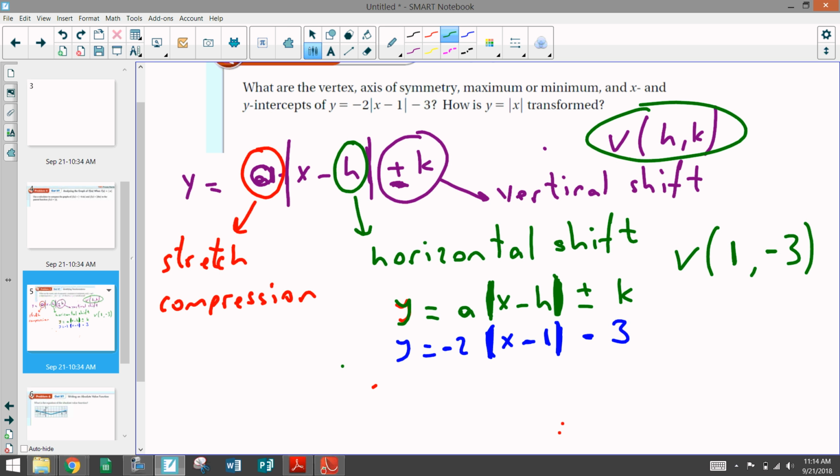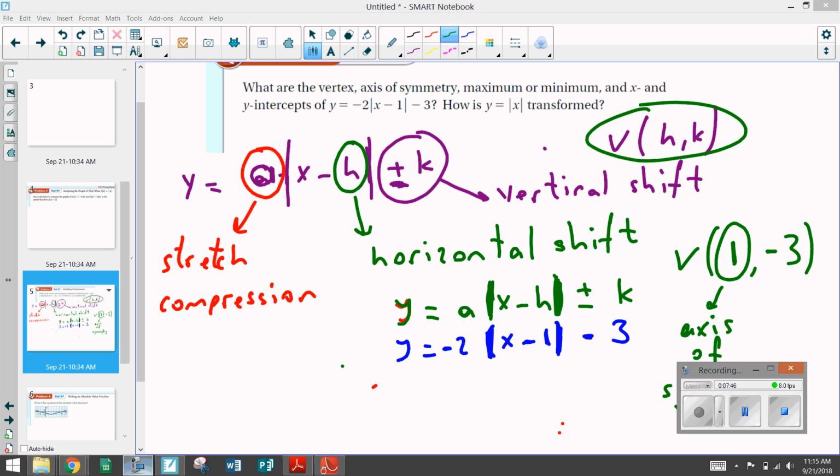X equals 1. Yes, the h value gives you the axis of symmetry. So we'll do practice, questions number 8, 9, and 10. Once we do those practices, it will make more sense.